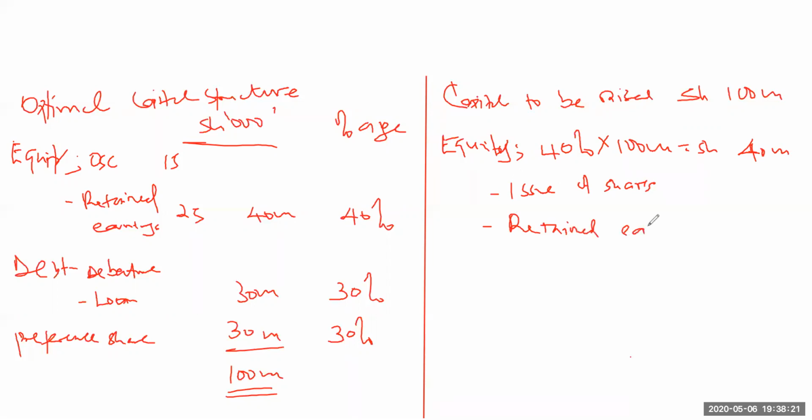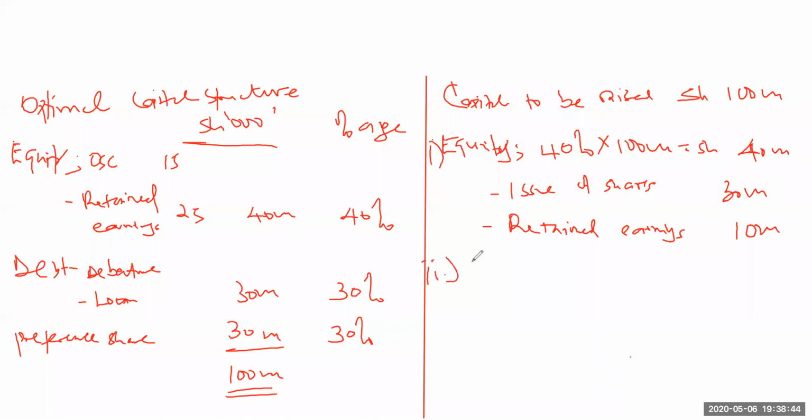If the amount that will come from retained earnings is 10 million, then the balance must come from the issue of shares. That is 40 minus 10, to give us 30 million. That is the capital to be raised from the equity.